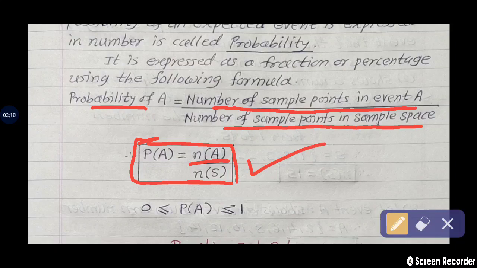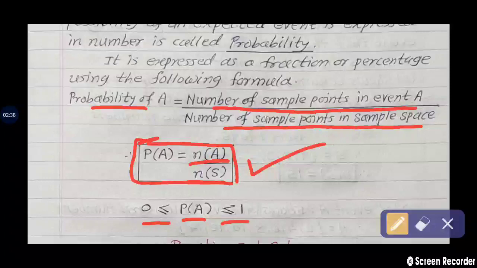A very important thing you must remember: the probability of any event that you get as an answer is greater than or equal to 0 and less than or equal to 1. It means your answer for the probability of any event lies between 0 and 1.